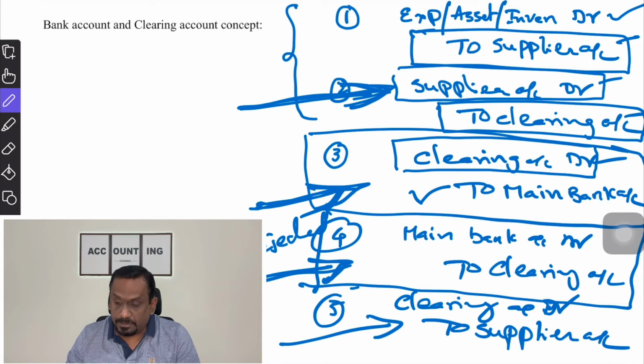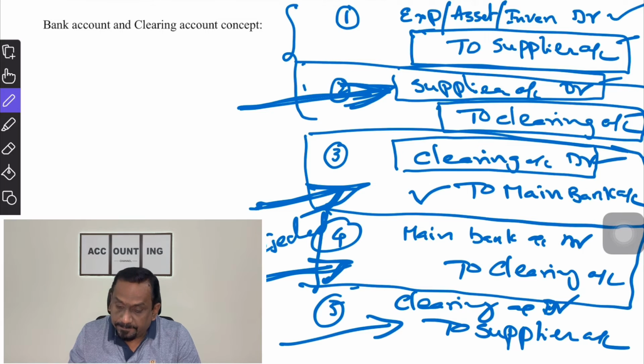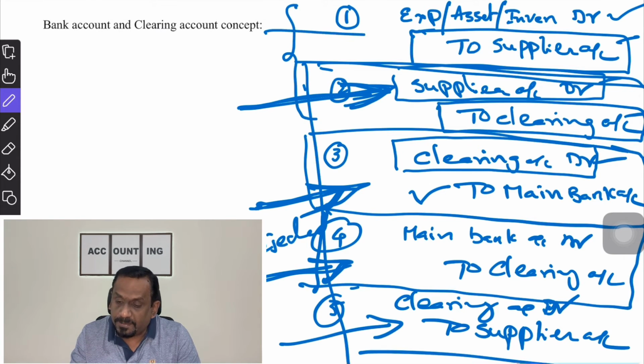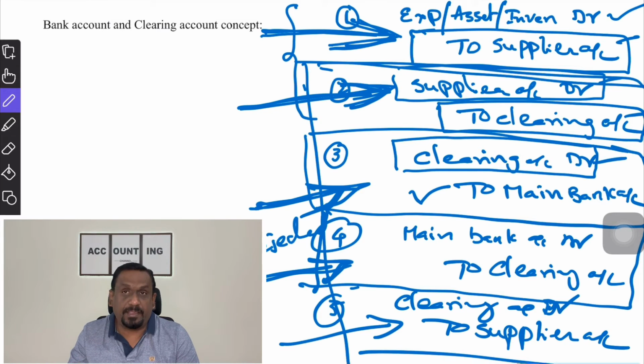because the payment got rejected. When you post these two entries, what will happen? All these entries will get knocked off and you are left with only this entry. Which entry? First entry, expenditure account debit and supplier account credit. You are left with only this entry. Once this is the only entry left there, again you need to start the regular process.